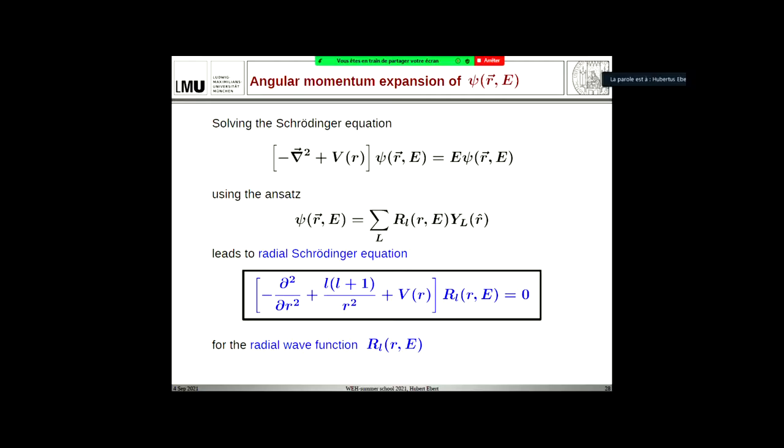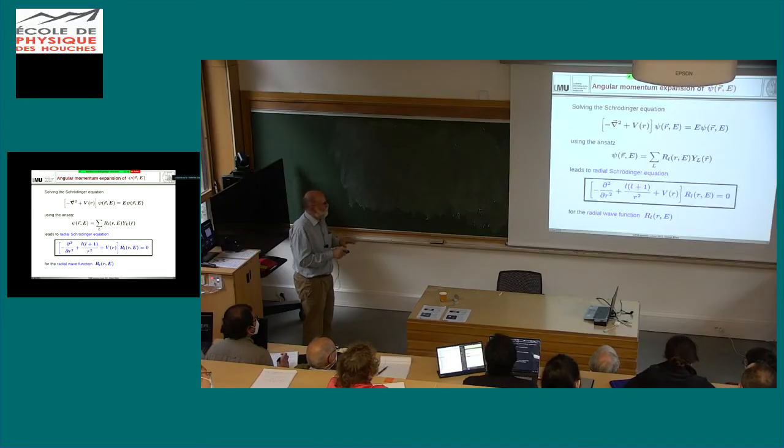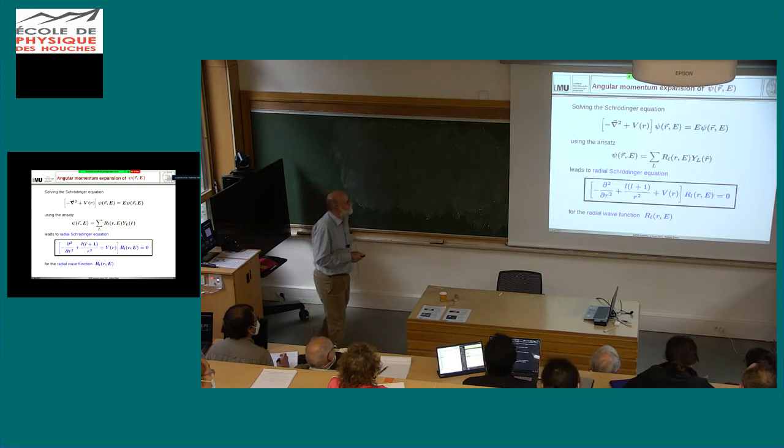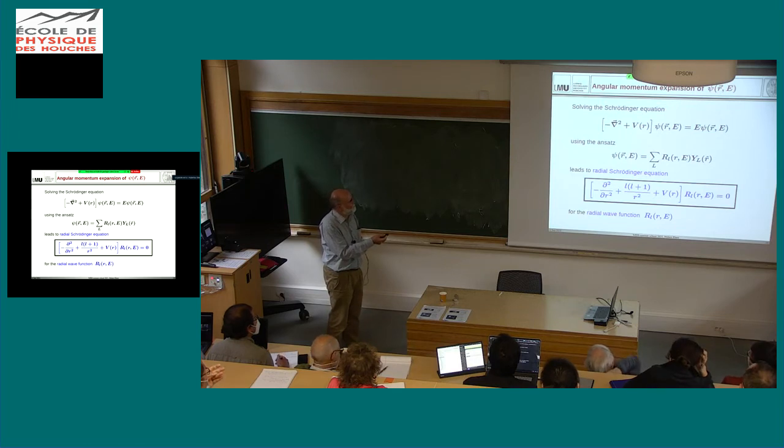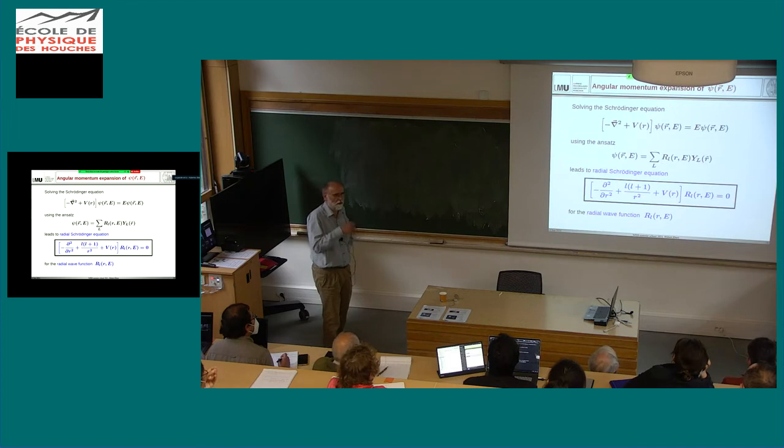Now, I was saying already, we will map everything on an angular momentum expansion, in particular our wave functions. If we have a solution at the end to our Lippmann-Schwinger equation, it definitely has at the same time to solve the Schrödinger equation for our potential.